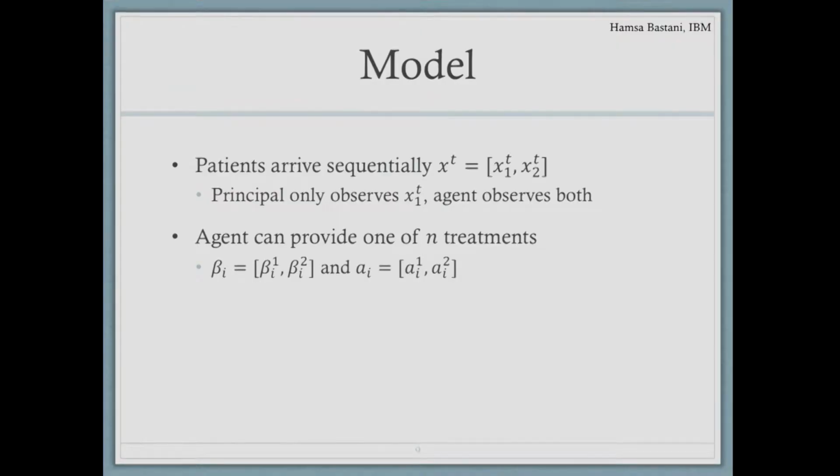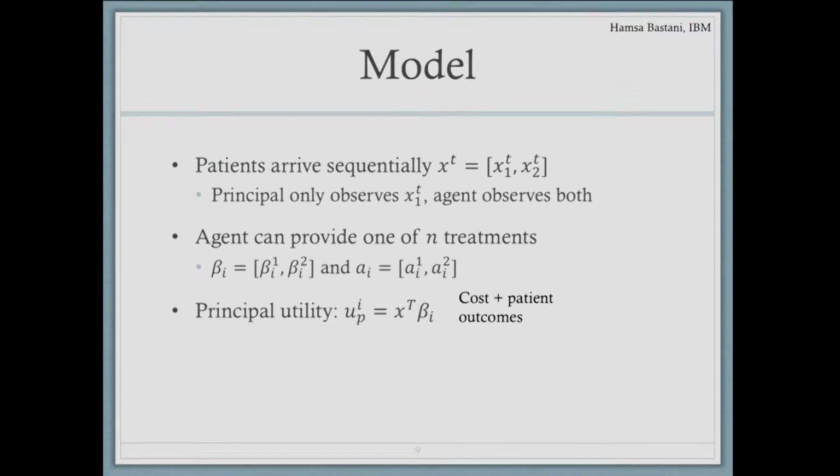And then the physician, or the provider, or the agent has access to one of n possible treatments. Each of these treatments is indexed by two vectors, beta_i and A_i, and they show up in the utility functions. The principal's utility we'll model as X transpose beta_i if a patient with features X is given treatment i.